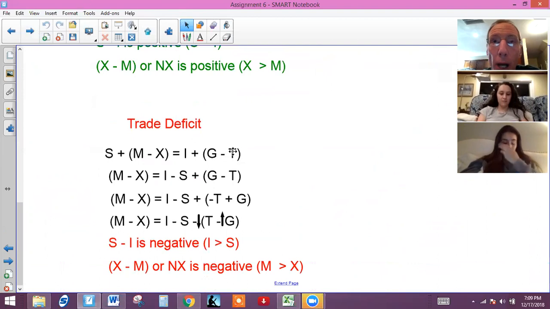See, think of money as a commodity, just like cookies or anything that you buy, right? It's just something that you buy. So when you buy money, the rental rate of money is the interest rate. So when demand of money goes up because the government's demanding more money to pay for its deficit spending, then the interest rates are going to go up, which makes it harder for private companies to invest.